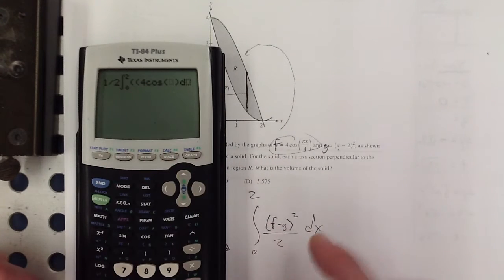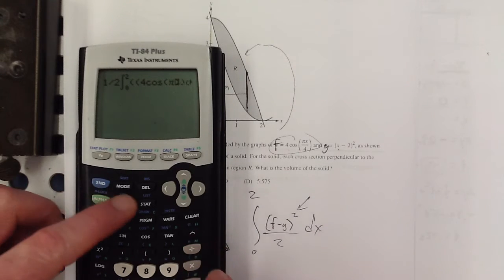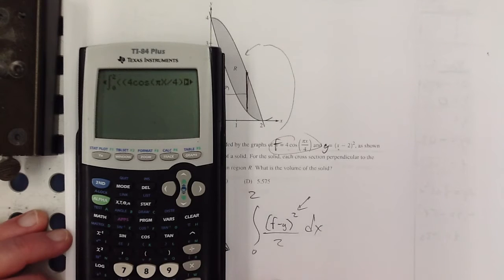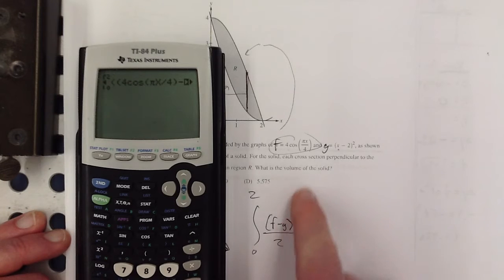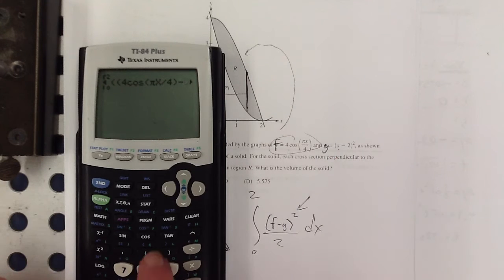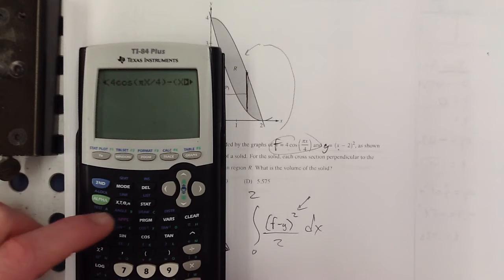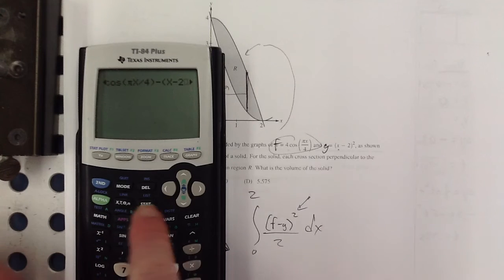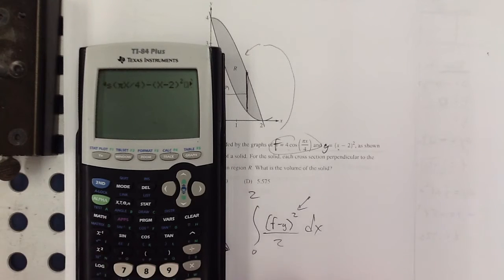I put an extra set of parentheses because I'm going to have to square that whole thing. 4 cosine pi x over 4, that looks good, minus x minus 2 squared, close parentheses, and then that whole thing squared dx.